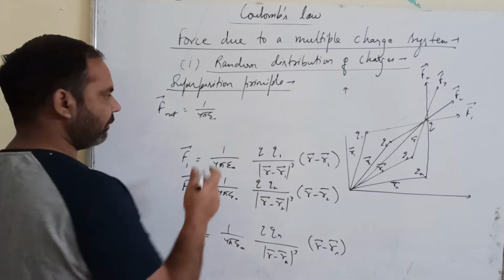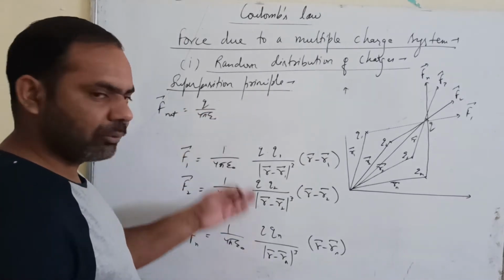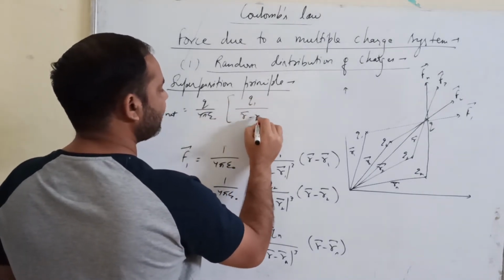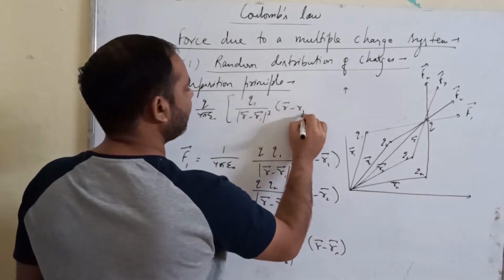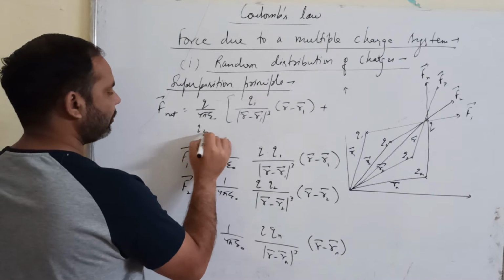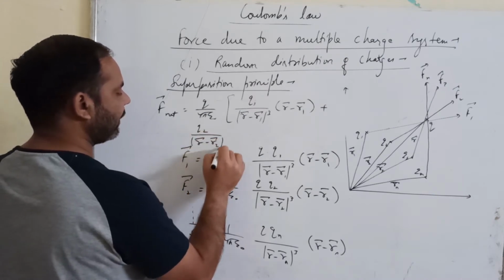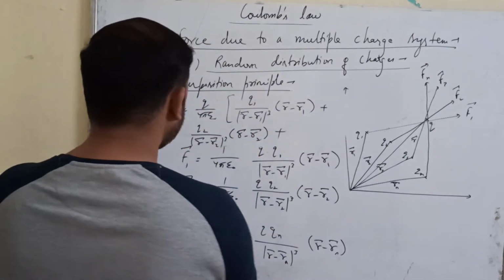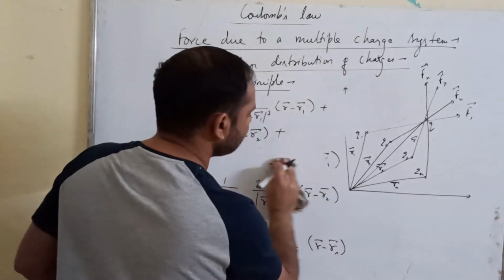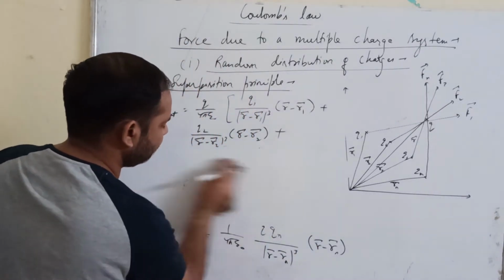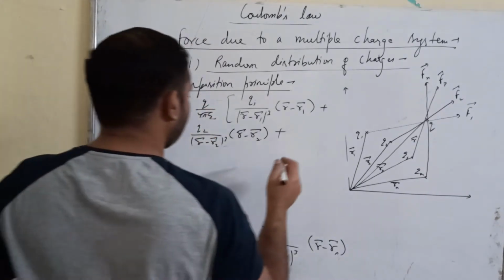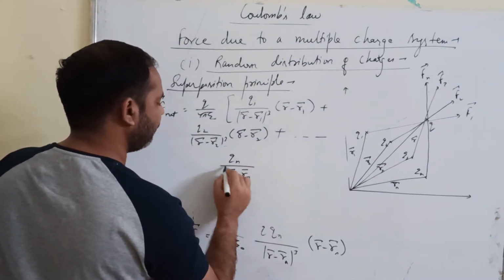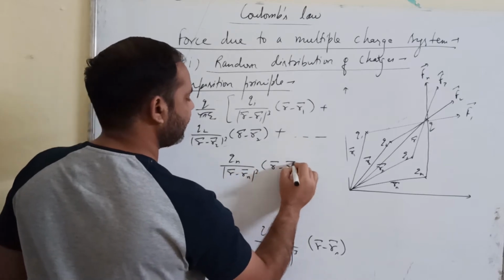So 1 upon 4 pi epsilon naught we can take common, as well as q, and it will be q1 upon magnitude of r vector minus r1 vector, cubed, into r vector minus r1 vector, plus q2 upon magnitude of r vector minus r2 vector, cubed, into r vector minus r2 vector, plus ... plus qn upon magnitude of r vector minus rn vector, cubed, into r vector minus rn vector.